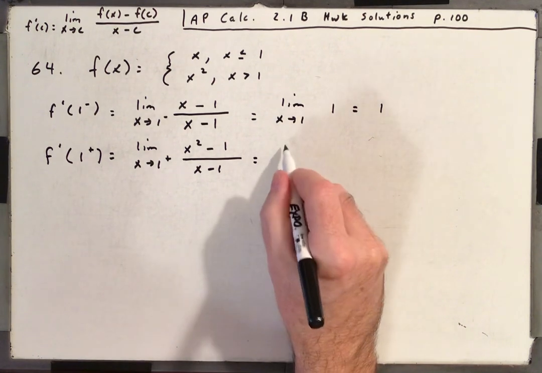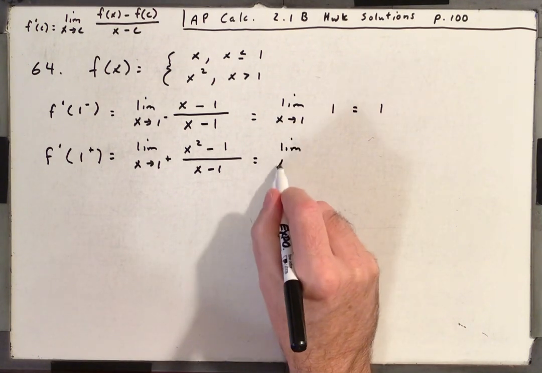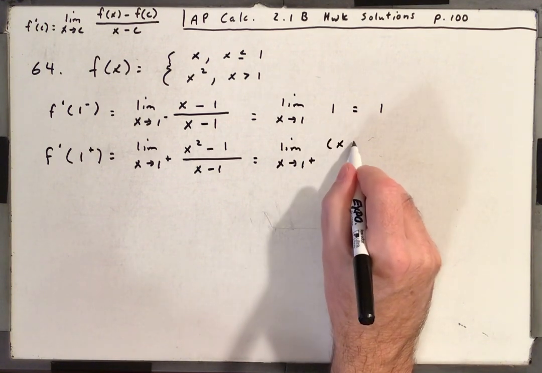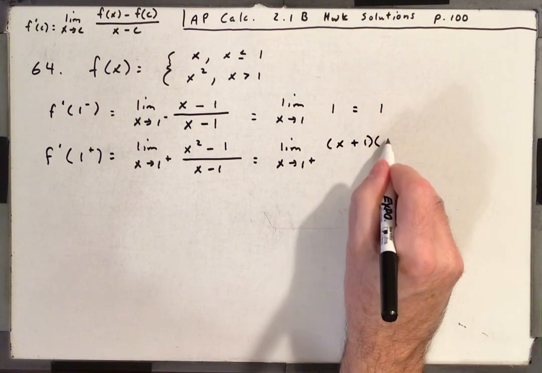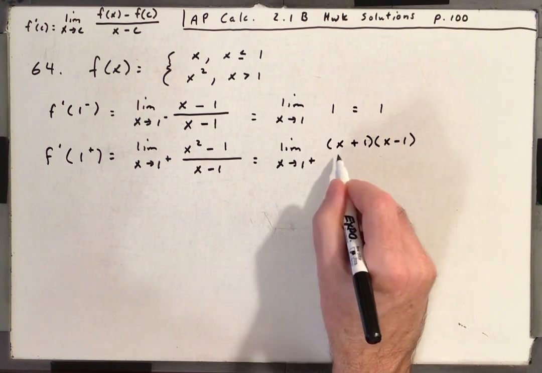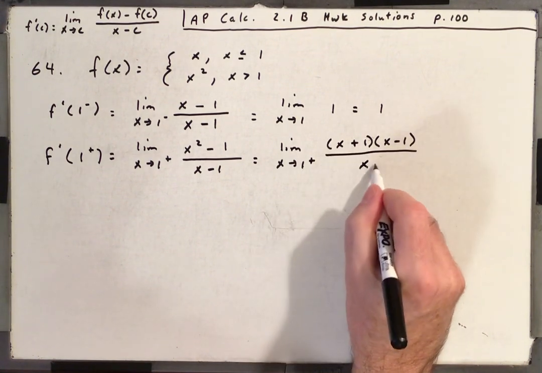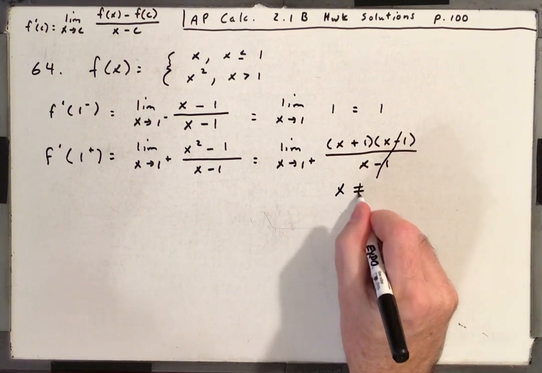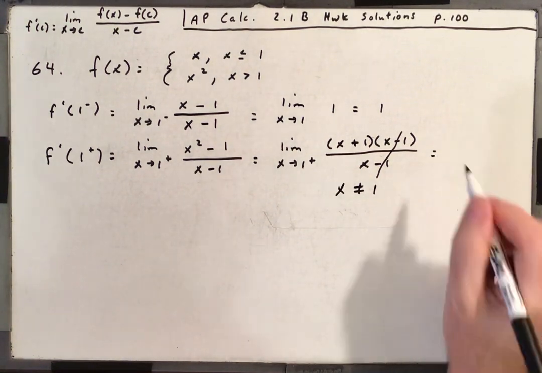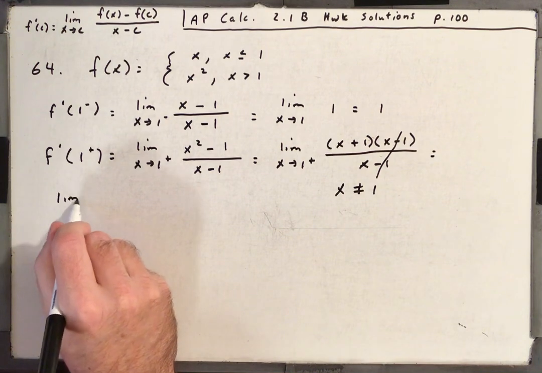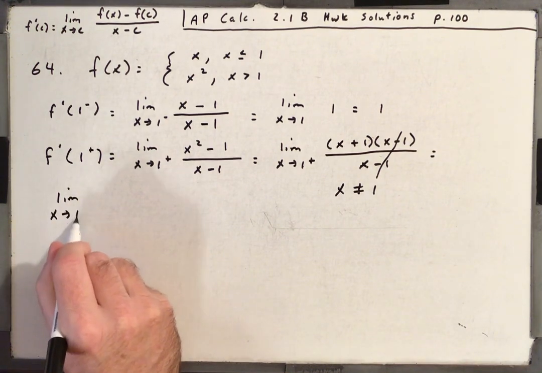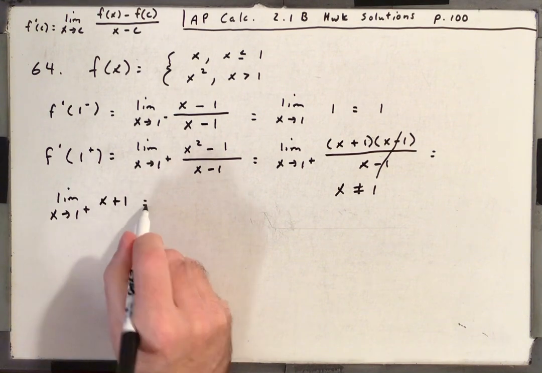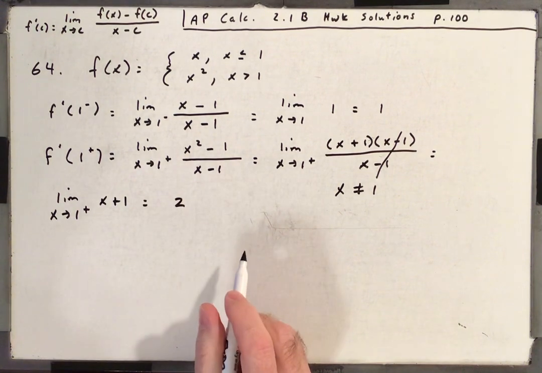So I would have the limit as x approaches 1 from the right of x plus 1 times x minus 1, right? That's what that would factor into, over x minus 1. We can cancel the x minus 1 as long as x does not equal 1. So that's the limit as x approaches 1 from the right of x plus 1, and that's 2.